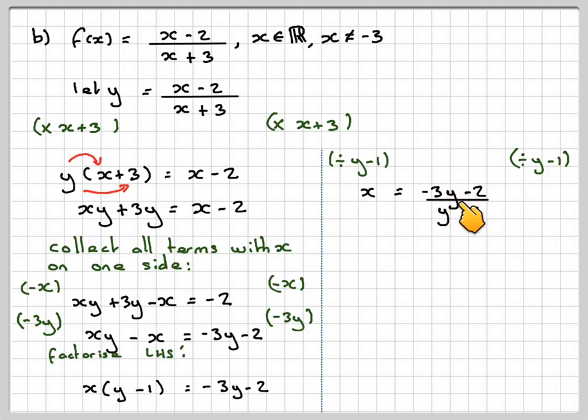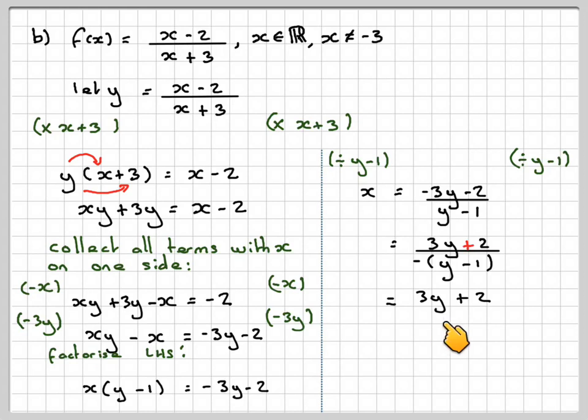Now you could rewrite this, changing all the y's to x, but we can tidy this up a little bit. Here's a little trick. Factorize out the minus sign, so it becomes 3y plus 2, and then take the minus sign to the denominator, so it becomes minus brackets y minus 1.